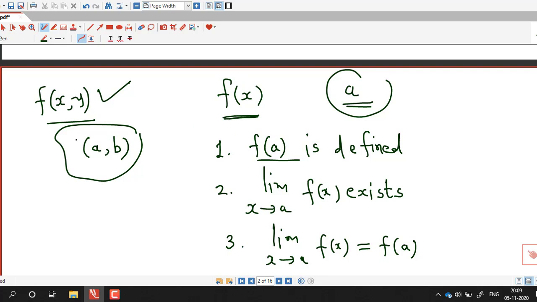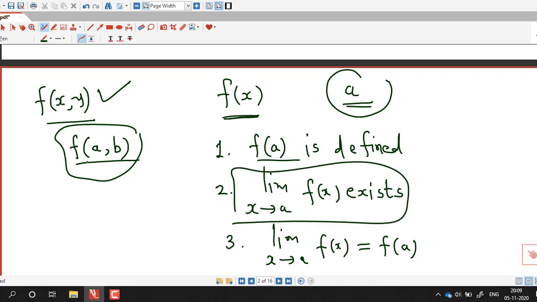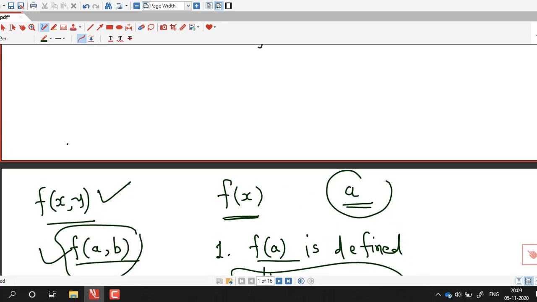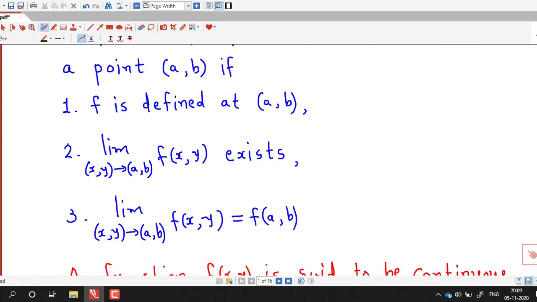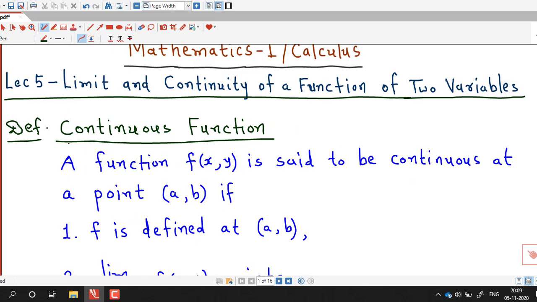Instead of that we will write function is defined at point (a, b). Second requirement is function has a limit as (x, y) approaches (a, b), and third condition is limit of f(x, y) as (x, y) approaches (a, b) must be equal to f(a, b). So it is simply the generalization of a function of one variable to function of two variables.